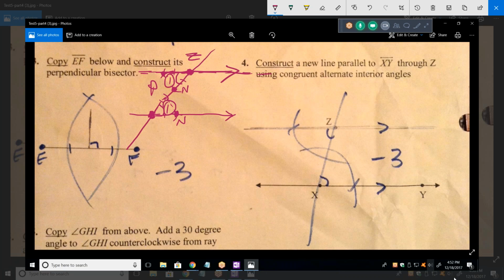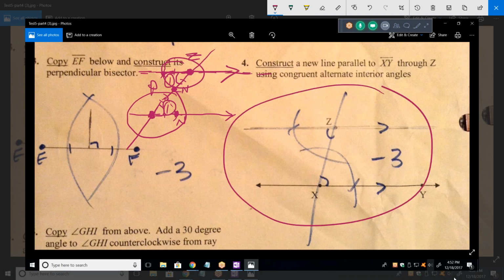So you could do every single process that it takes to copy an angle and turn the piece of paper upside down and start with Z and that transversal and copy the angle to there. If you do that, you'll have a line that's parallel with the bottom line. And that's what this whole picture kind of means.